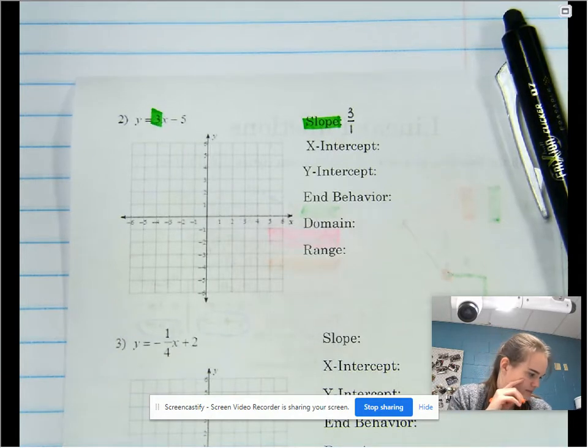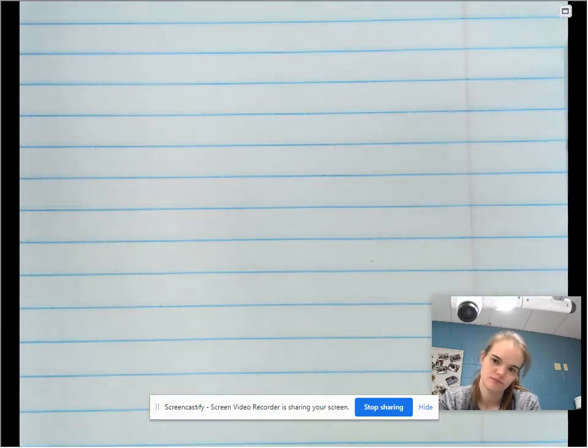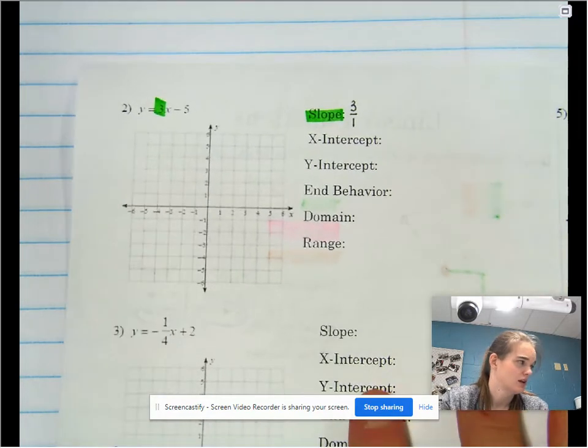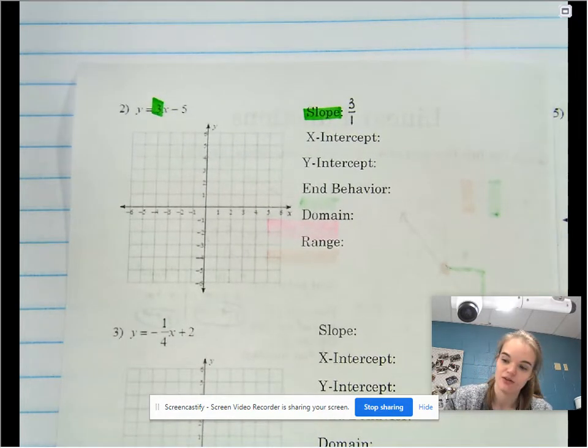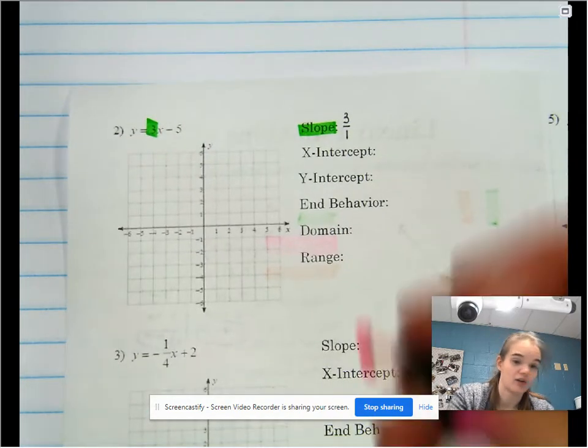Y-intercept. I highlighted these backwards on the front. Of course I did. We're going to highlight the y-intercept in pink, even though I've changed it on the front on accident.